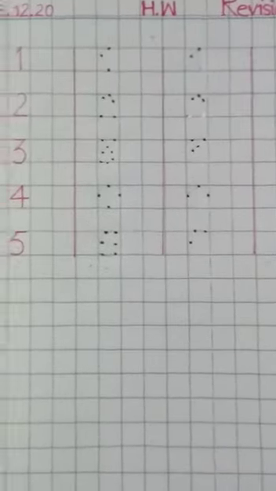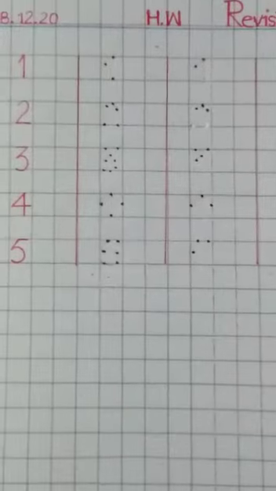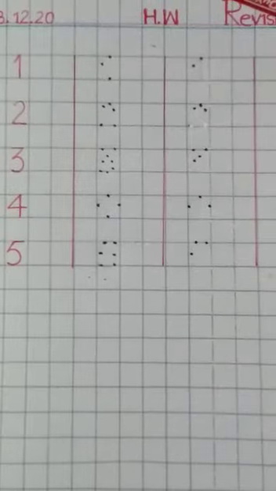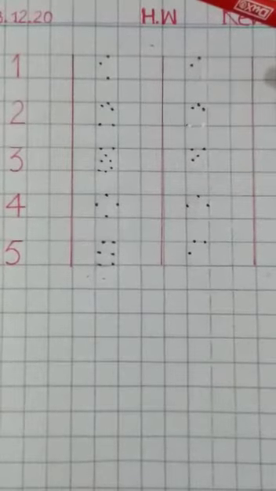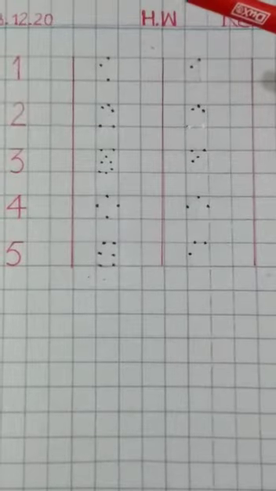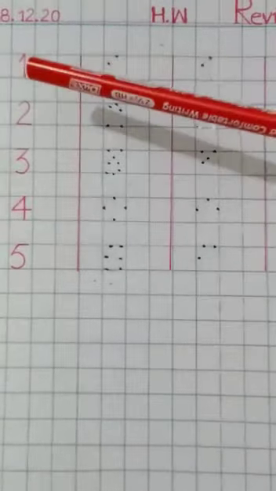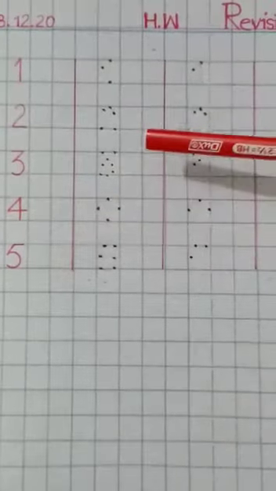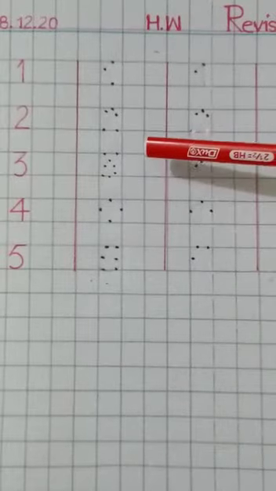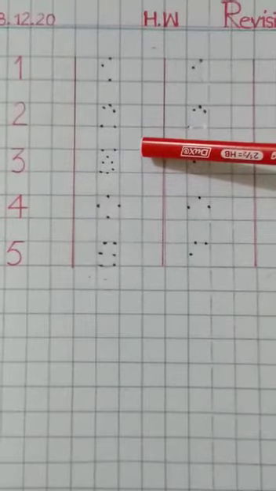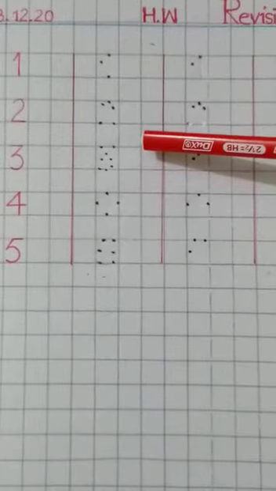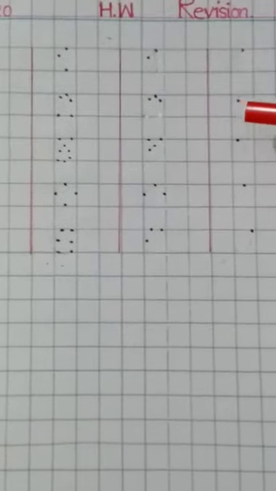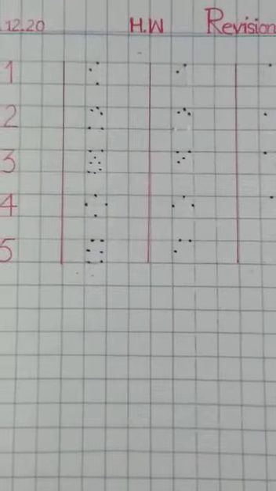I have written here the first 5 numbers which I used to practice in front of all of you in my previous lectures. So you can see here 1, 2, 3, 4 and 5. In the first row you can see the same dot patterns which I used to tell in my previous lectures, and in the second and third rows I have skipped the dots.